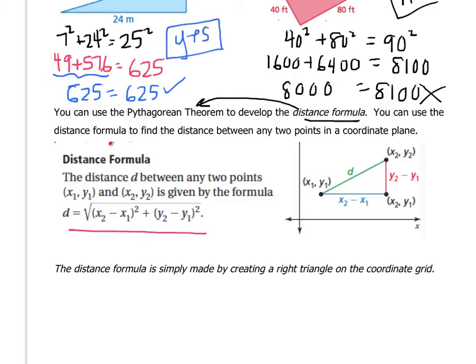Now, if you notice, these values are in the formula, and they're also here. This is just saying it's the distance between the x values, and this is the distance between the y values. So you see the distance between the y values, the distance between the x values, and when you square them, you'll get the d squared. So all they're doing is creating a right triangle on the coordinate grid.